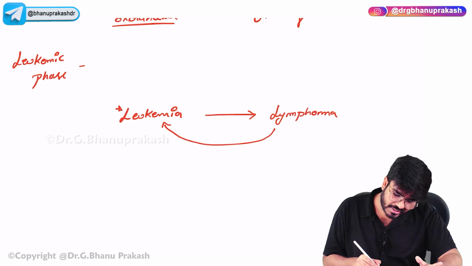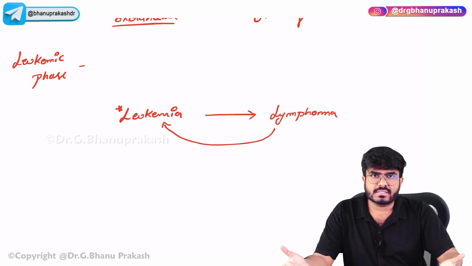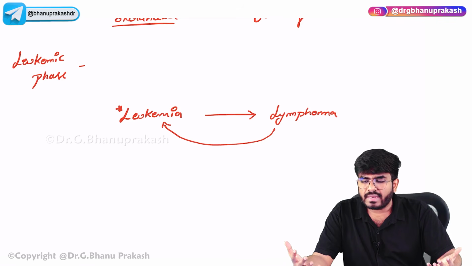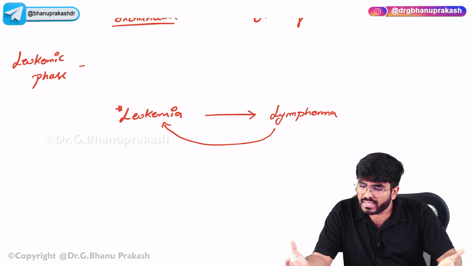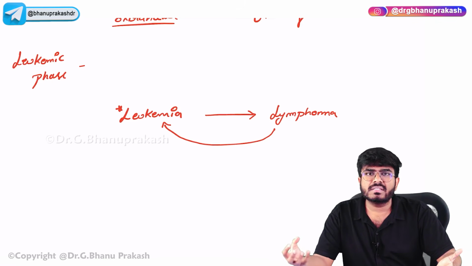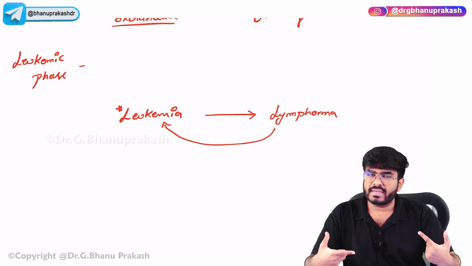For example, the patient is suffering from leukemia. Leukemia means a neoplastic proliferation of the white cells. More and more white cells are there, present in the blood, but they are not forming a mass. Now these white cells can go into the tissues, proliferate there and form a mass.